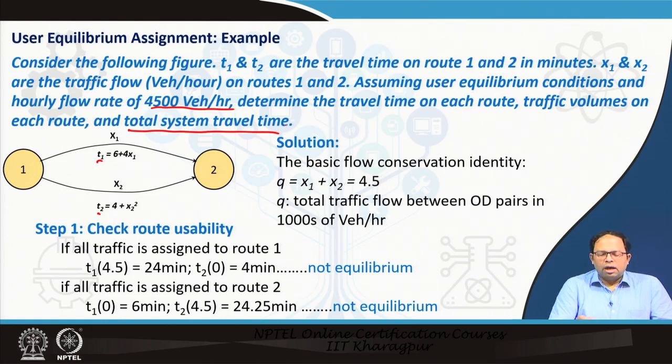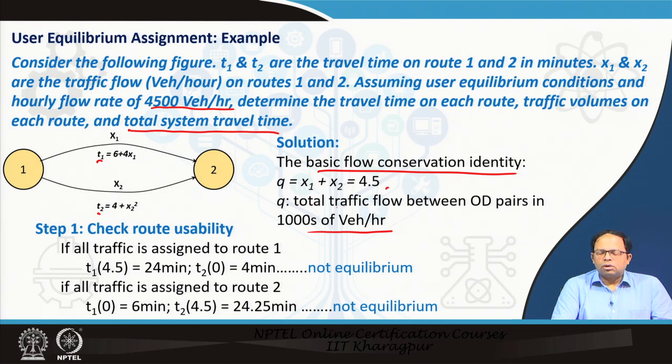For the solution, first we consider the basic flow conservation identity, that is the total flow, x1 plus x2 is equal to 4.5. Now, 4.5 is basically 4500 vehicles per hour. We have taken it in thousands of vehicles per hour, that is why we have taken 4.5, just to make our calculations easy.